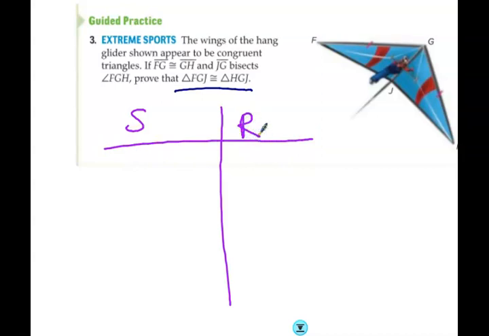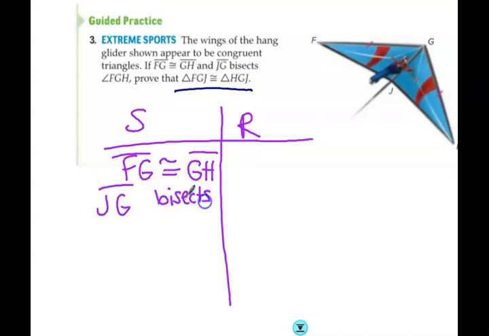FG is congruent to GH, so the G's are flipped, and JG bisects angle FGH. Well, that means something about midpoint, then we can prove that one.